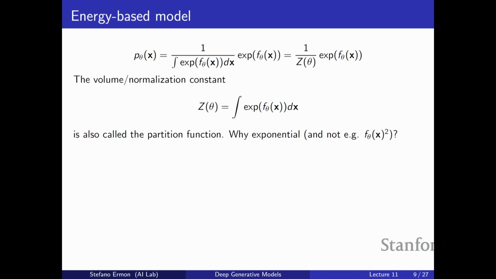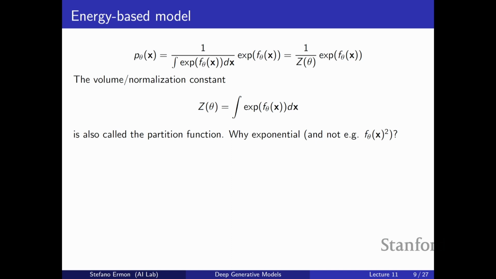But the softmax is a case where the partition function, the normalization constant, can be computed analytically, because you only have, say, k different classes. The denominator of the softmax is a sum over k possible outputs, so the normalization constant can be computed exactly.